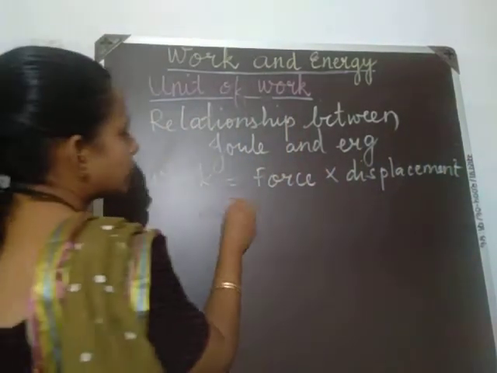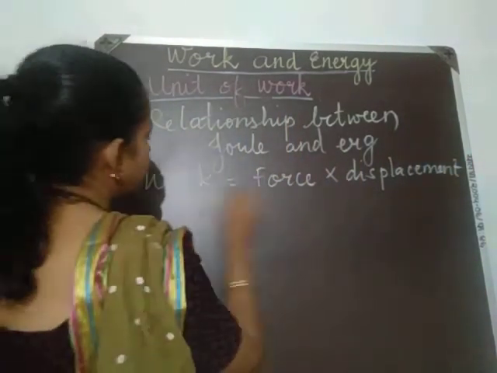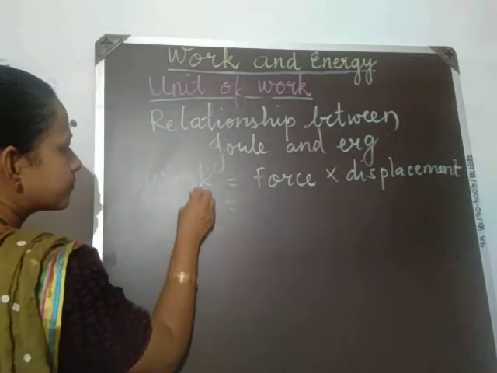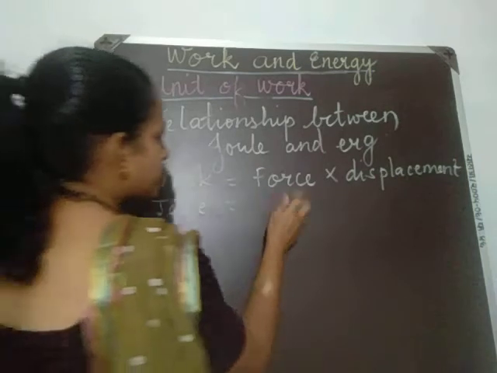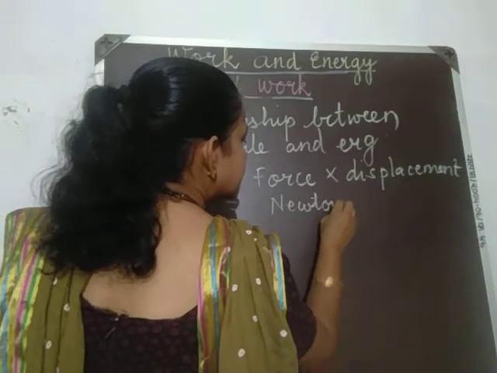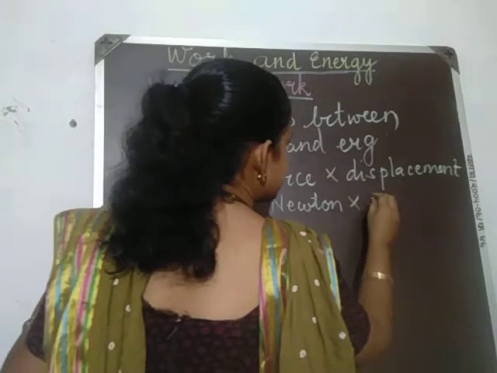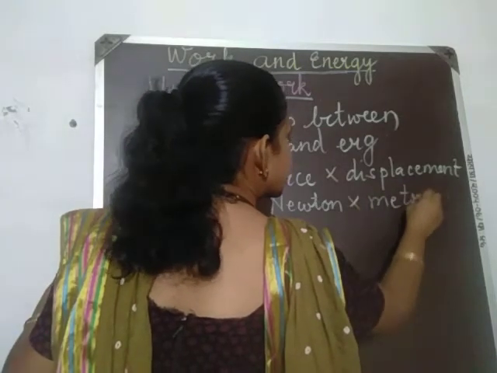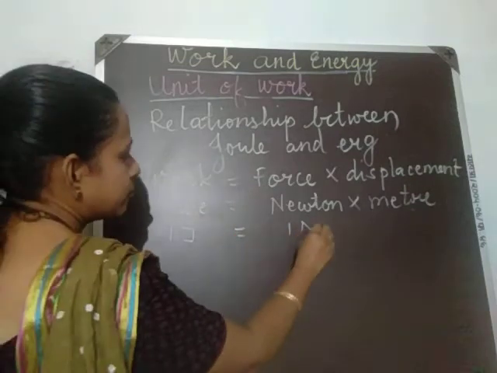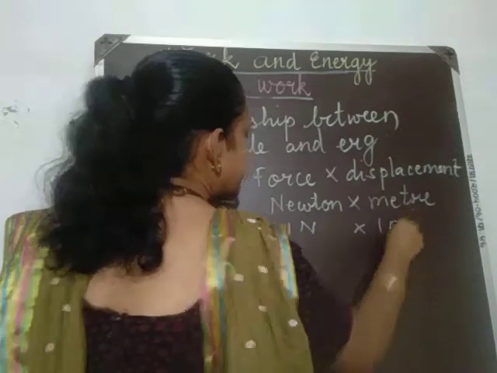This work is measured in SI unit as joules, force is measured as Newton, and displacement is measured in terms of meters. So we can say that 1 joule is equal to 1 Newton into 1 meter.